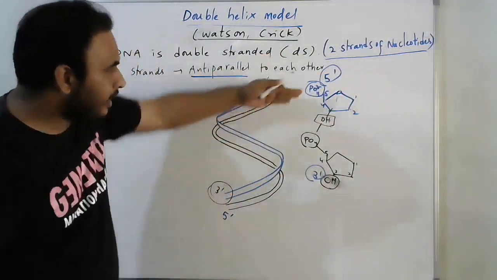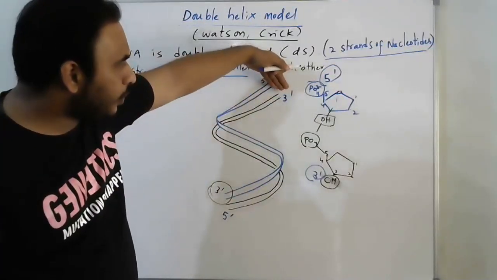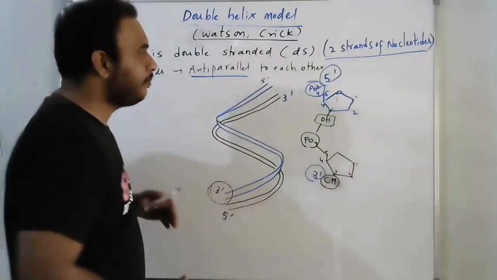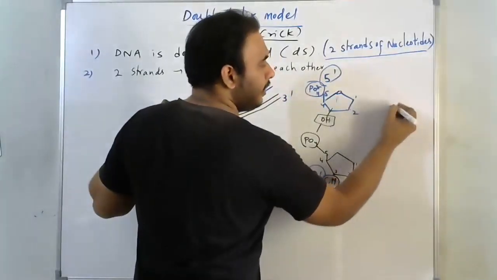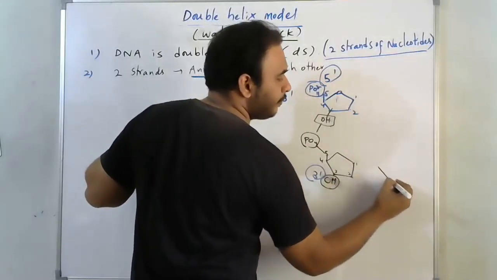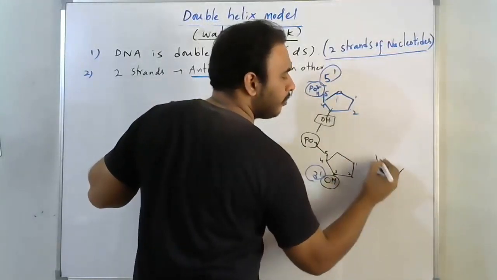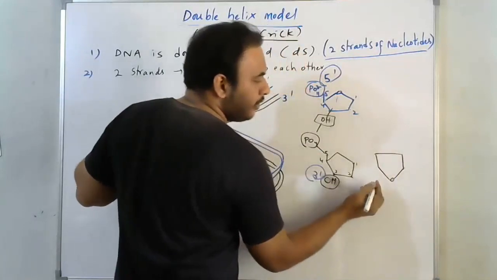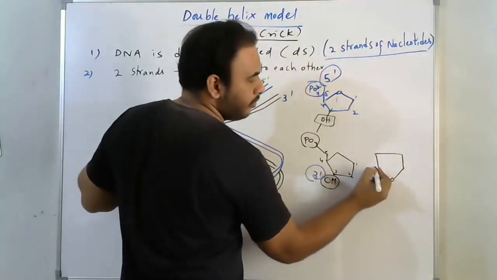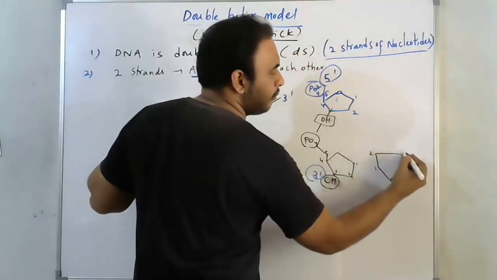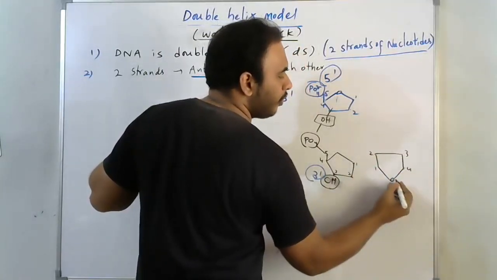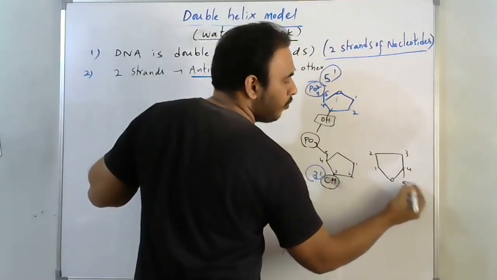In the same way, the other strand, why is it showing 3' and 5'? It's very simple. Here, it has to be inverted. Now, which is the first carbon? This could be the first carbon, and next number 2, 3, 4, and 5.